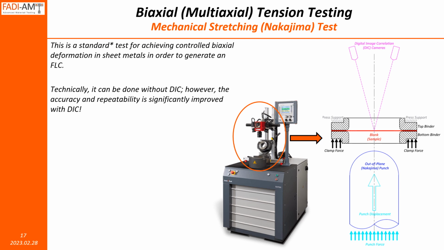Now this type of test can be done without DIC. However, the ISO standard recommends the use of DIC as the strain measurements and the repeatability that can be achieved with DIC cannot be surpassed by any other technique.